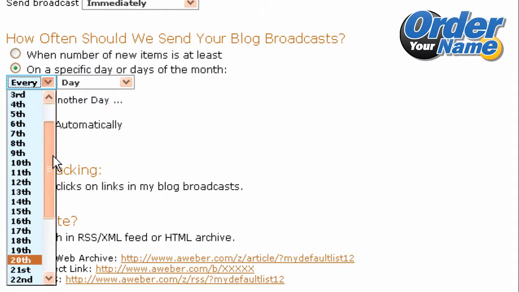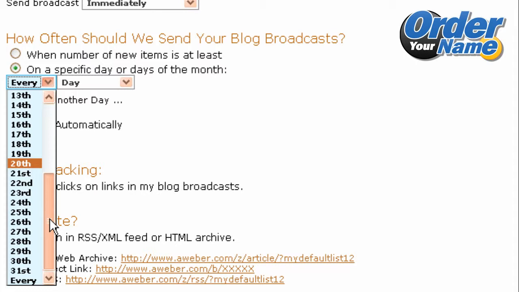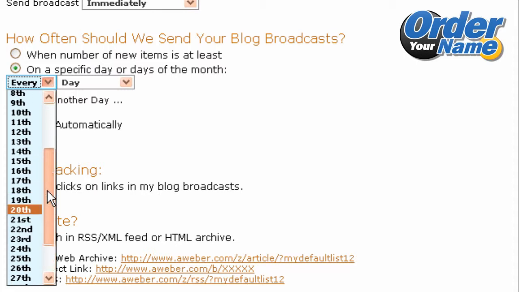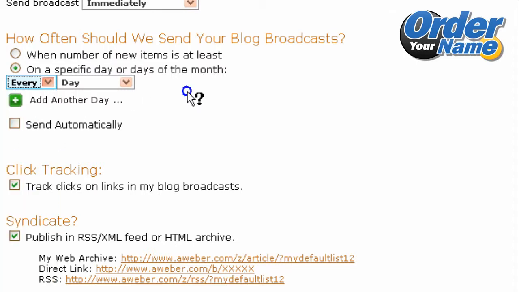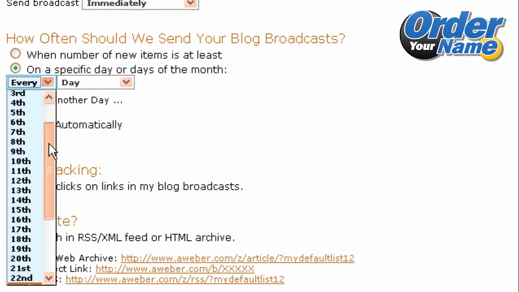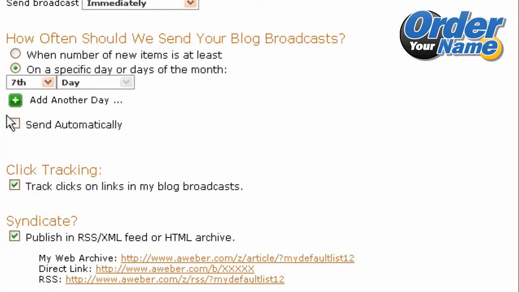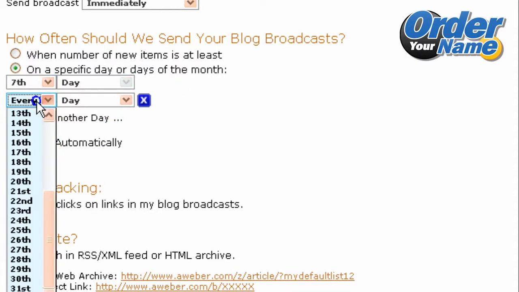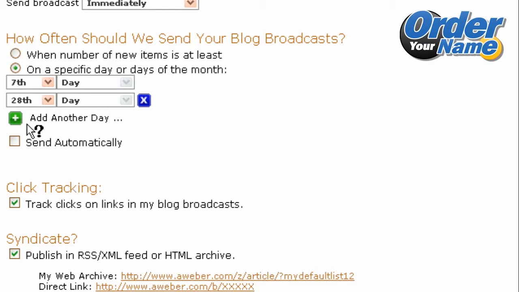So, for example, if you want to send out an e-zine or a newsletter every 2 weeks, then you could probably select it here, all right? You can add 1 day. For example, I'm going to select the 7th. All right. And the next one would be the 28th. Okay? So I can actually select the specific dates that I want to send out my blog broadcasts.